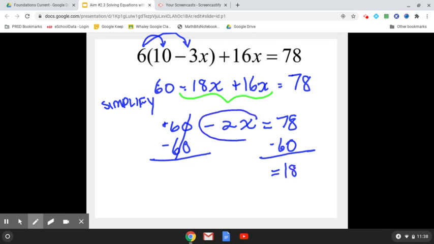Here, I still have a negative 2x. Don't lose track of that negative. I'm going to divide by negative 2. That's the multiplicative inverse. I'll divide by negative 2 over here to keep it balanced. And I'll end up with x is equal to negative 9. There you have it. All the steps needed to help us solve that equation.